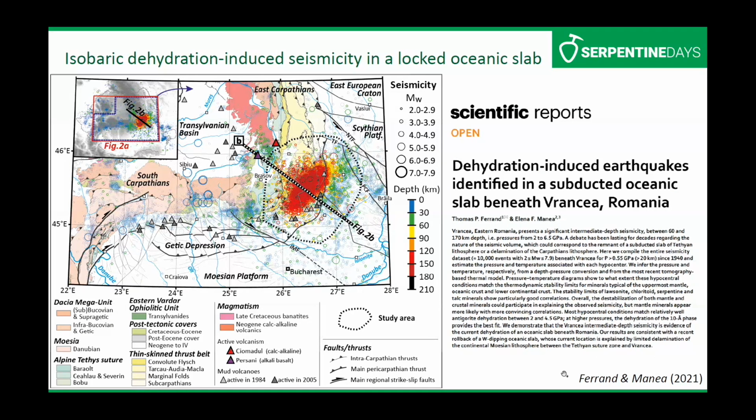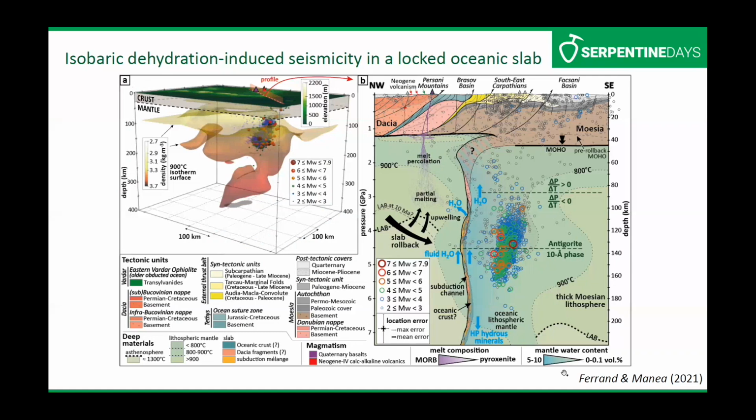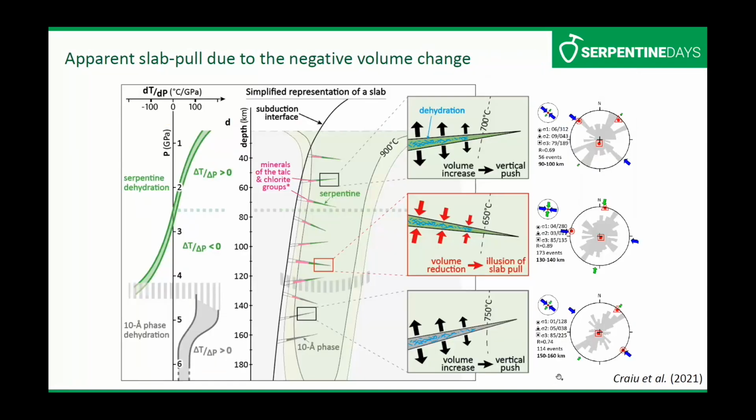I will try to go very fast. In Romania, we have an equivalent. This is not an active subduction. I deleted the slide that was important. Anyway, I made a pressure-temperature diagram, and I showed that it is actually serpentine dehydration that triggers this seismicity, and also talc-like or phase A dehydration at higher pressure depths.